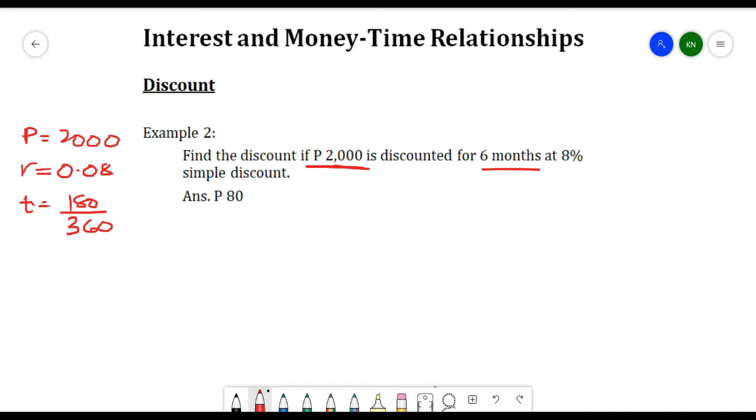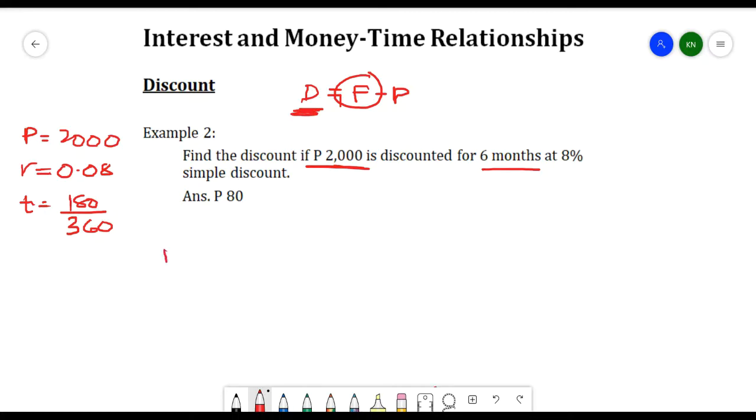Now we can get the future worth of this one, because as we know, the formula of discount is F minus P, but we don't know the F yet, so we need to solve F first before we can find our discount amount.